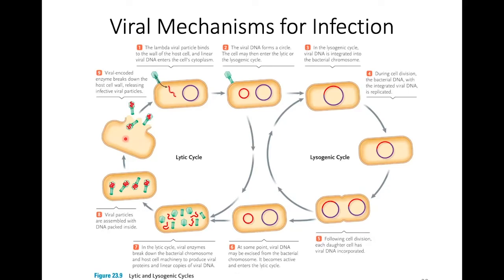Now, these cycles can be broken down into a number of stages. During the lytic cycle here, we have first off the attachment stage, where the protein on the virus capsid is going to bind to the specific receptor here on the cell membrane. Then infiltration is going to take place, where the host cell is going to take up the DNA of that virus.